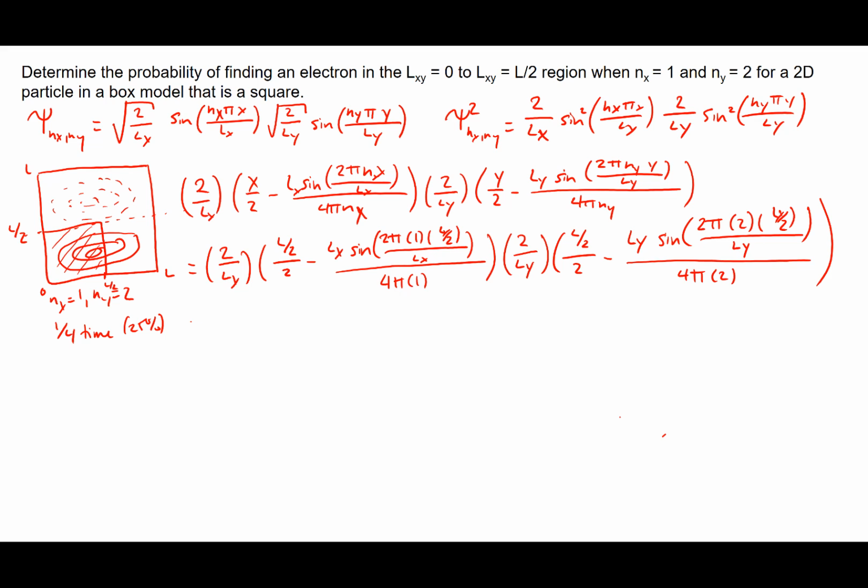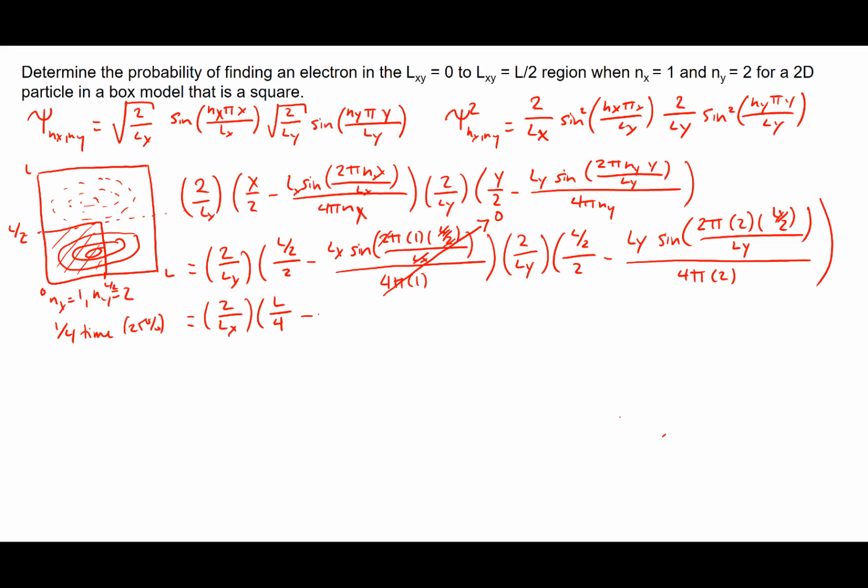We still have the 2 over Lx times Lx over 4 minus... and now looking at this, the Lx and the Lx cancel out, and the 2 and the 2 cancel out. So we have the sine of pi, which we know is equal to 0, so this whole thing is equal to 0 and we can disregard it.